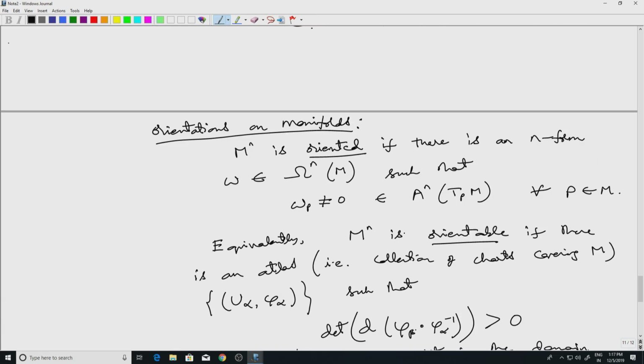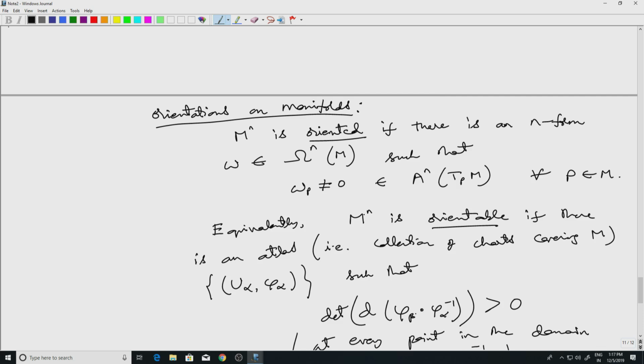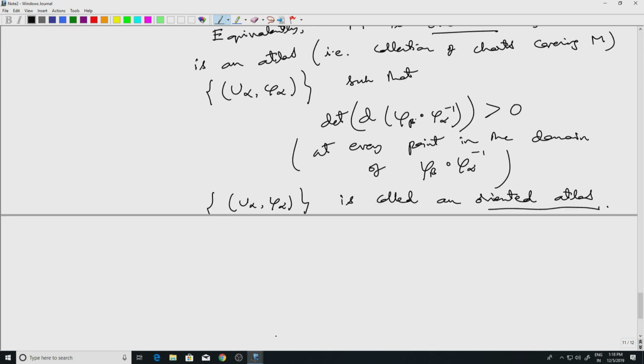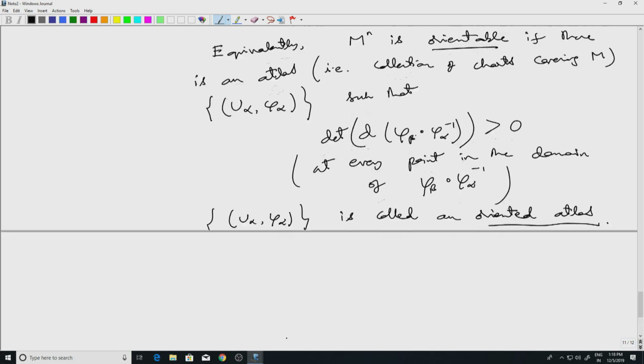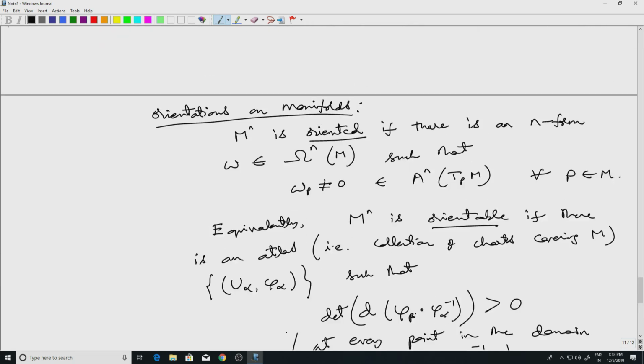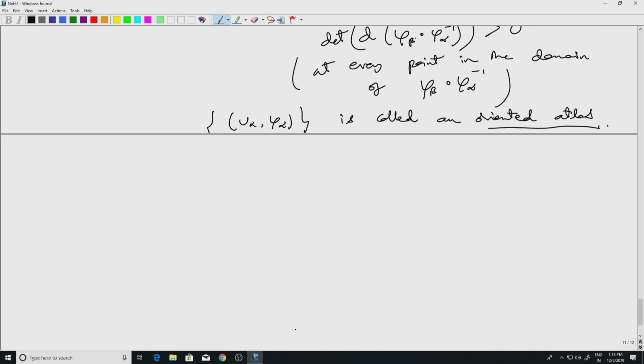So there are two ways of thinking about orientation. One is to talk about n-forms. The other one is in terms of transition functions, rather the determinant of the derivatives of transition functions. And the two are equivalent. So let's quickly see why they are the same.